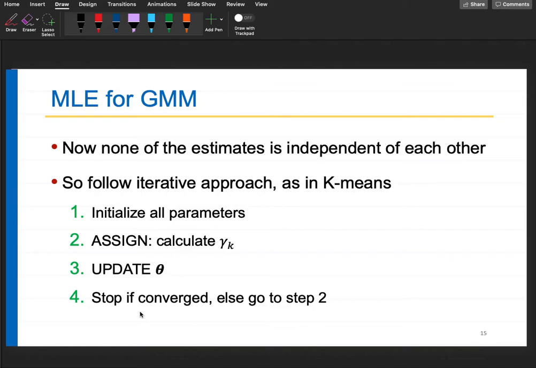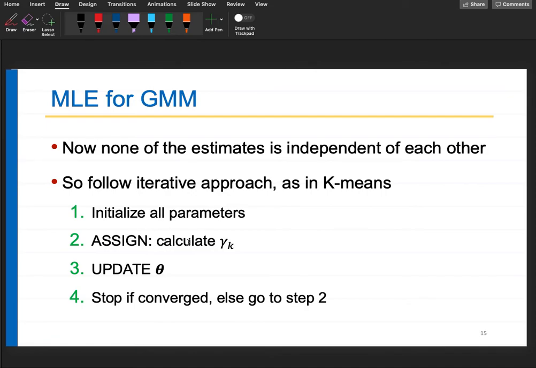So we follow the iterative approach as in k-means. So what is the approach? First of all, initialize all the parameters. That's what we did in k-means also, if you remember. We initialized our centers, right? And then we optimized our mu. Same thing, initialize all the parameters, the centers, and then assign.